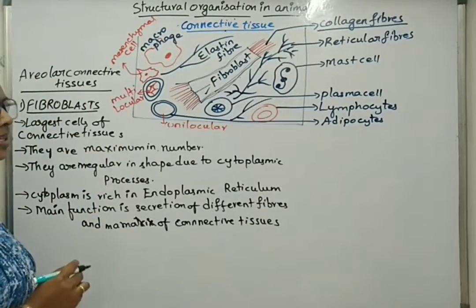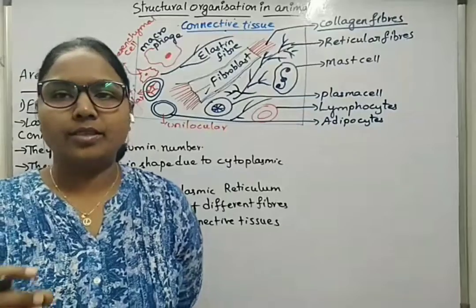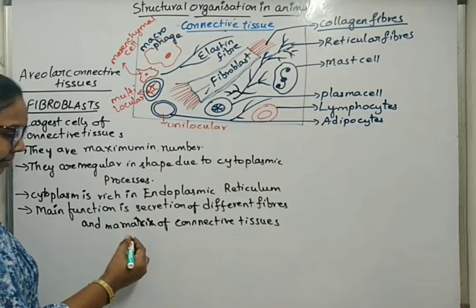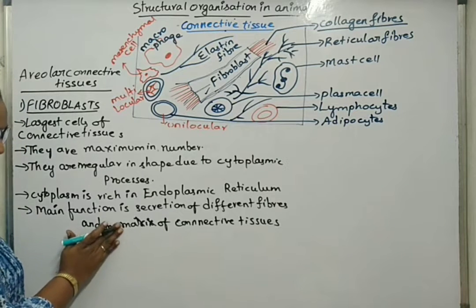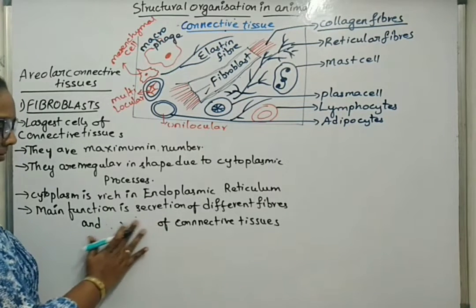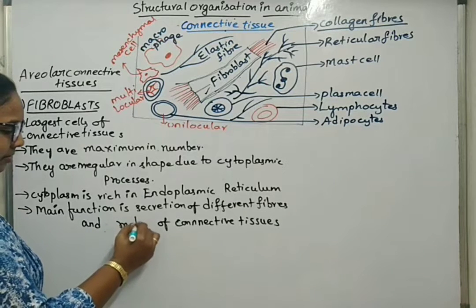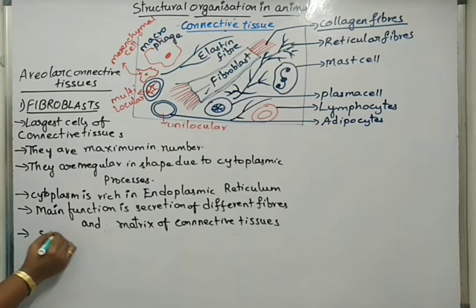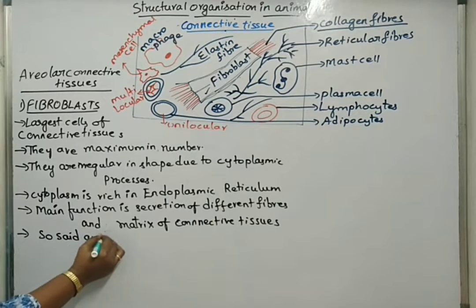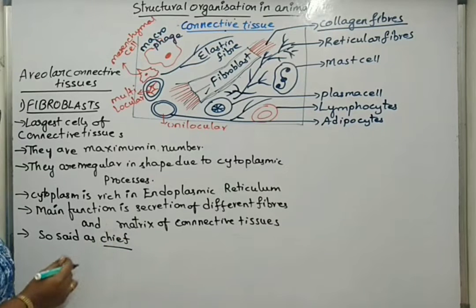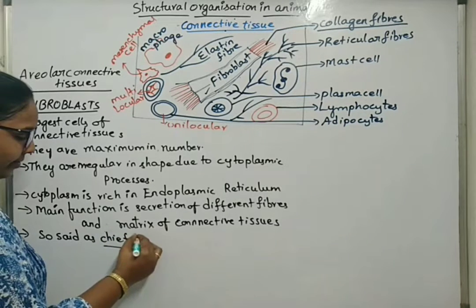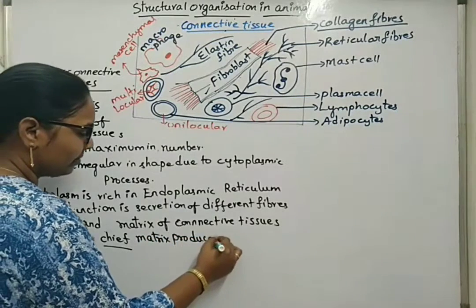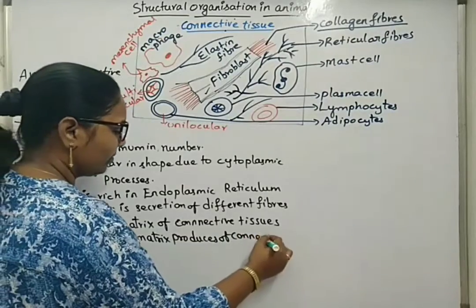So these fibroblasts are said to be chief cells of connective tissues, or chief cells to produce matrix of connective tissues. Chief means main. Chief matrix producers of connective tissue.